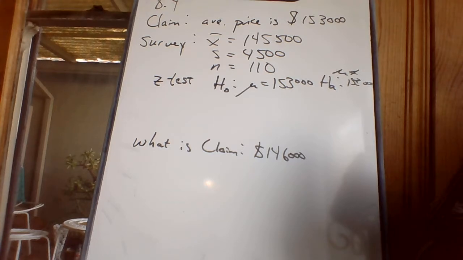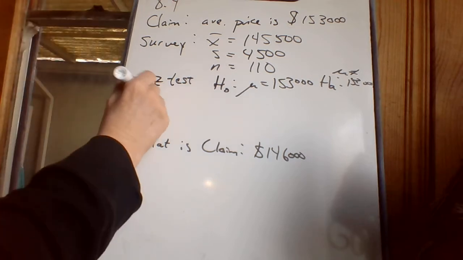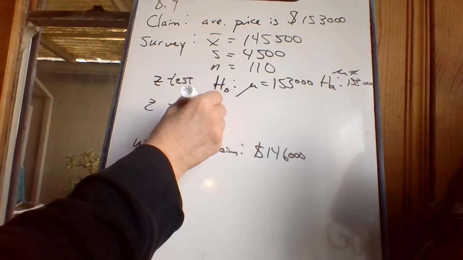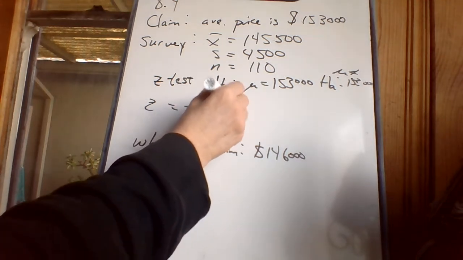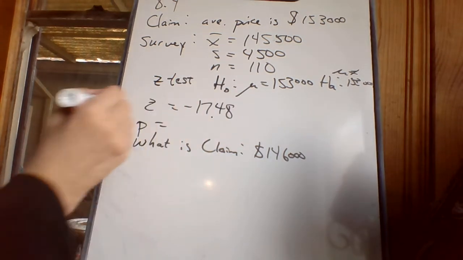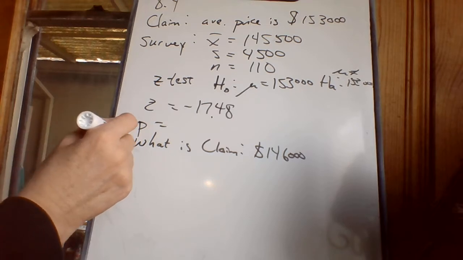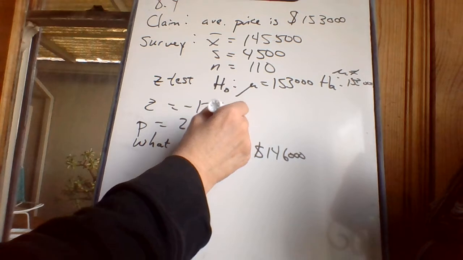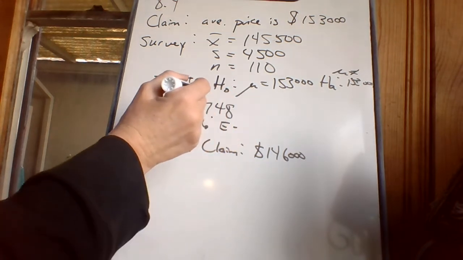N is 110, and match up with the HA, which was the not equal sign, make it stick, calculate, get Z, get P. Z equals, that doesn't sound good, negative 17.48. P equals, make sure to pay attention, 2.16 E negative 68.